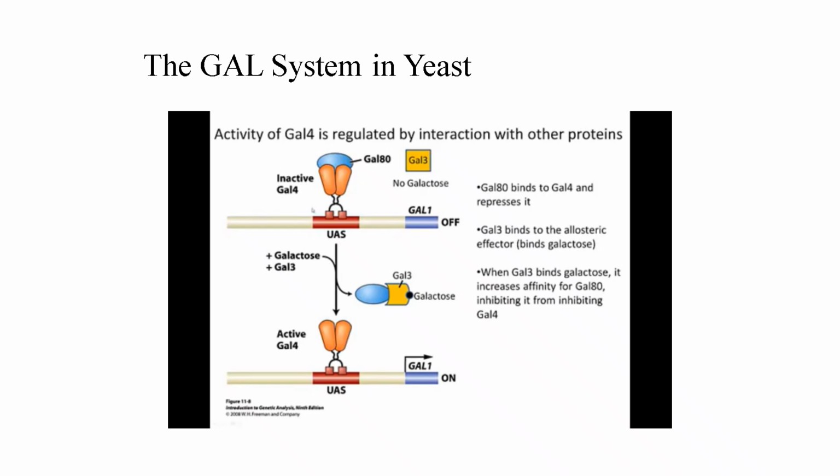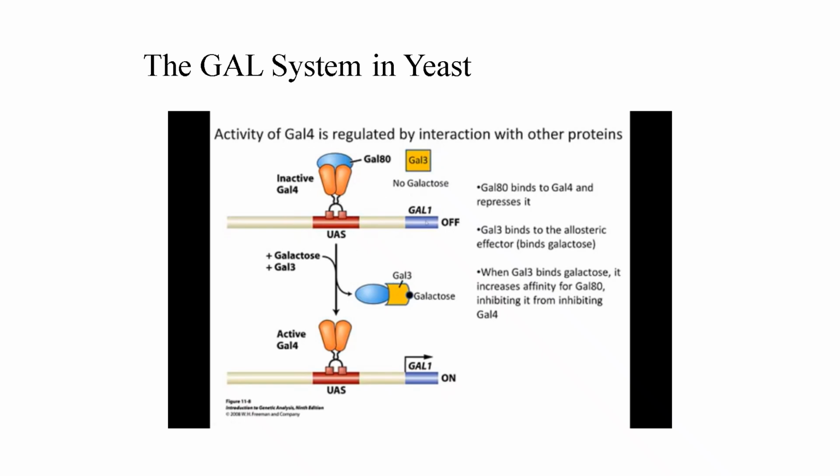Normally, if you don't have galactose present, GAL4 is present in the cell and it will bind to that enhancer. However, it is inhibited in the activation domain by another protein called GAL80. GAL80 has a very high affinity for GAL4, and will sit on it and prevent it from activating those nearby GAL genes.